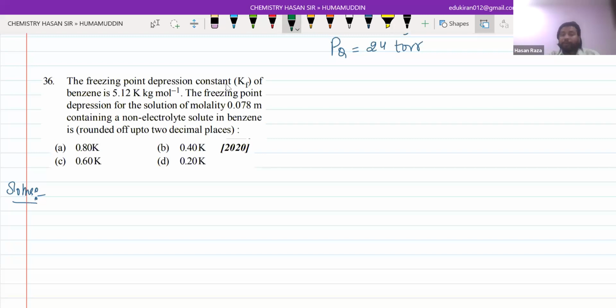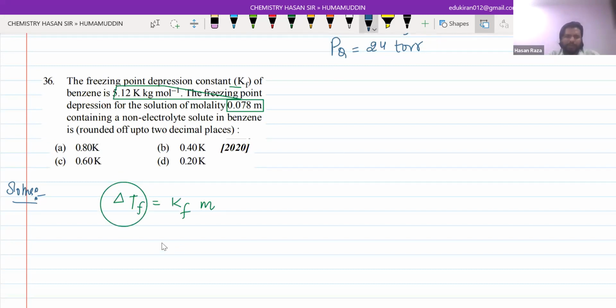The freezing point depression constant Kf is given this much, and you can see the molality of the solution is also directly given. How much depression is there? We need to calculate that. You know the formula, delta TF is equal to Kf into m, and we need to calculate this delta TF.